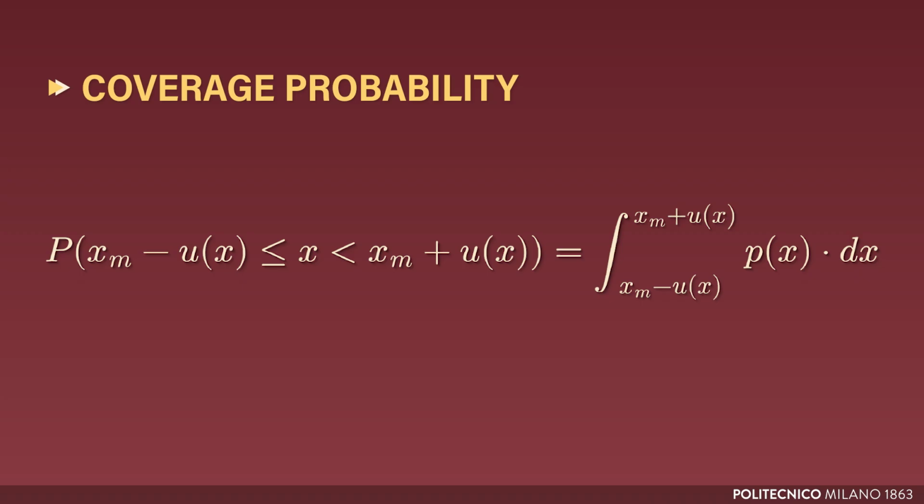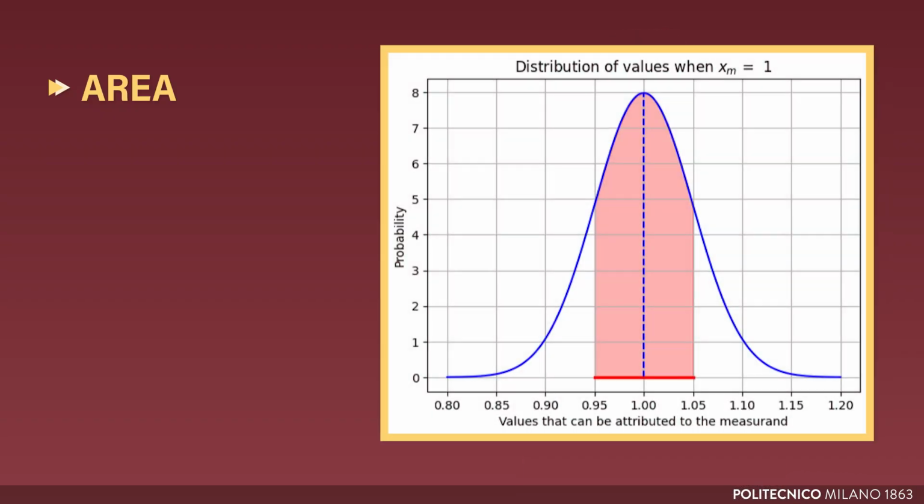It is therefore obtained by integrating p of x between the bounds of the interval for which one wishes to evaluate the coverage probability. Geometrically, this probability is equivalent to the area under the probability density function over this interval, as clearly illustrated by the red-colored area in this figure, where a measured value of 1, a standard uncertainty of 0.05, and a normal probability density function have all been taken into account.